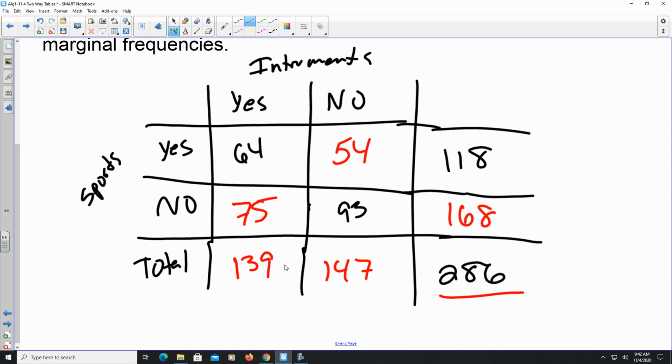Basically, what it's telling us is 118 students play a sport, 168 do not. 139 students play an instrument, 147 do not. If you're asking do they play a sport but no instrument, that'd be 54. Do they not play an instrument and not a sport? That's 93. So that's how you can determine it from there.